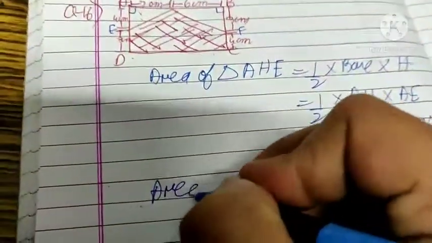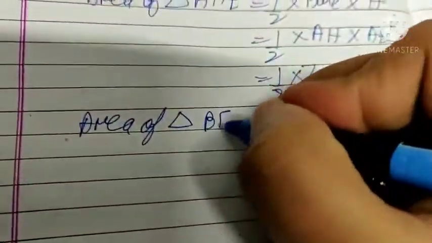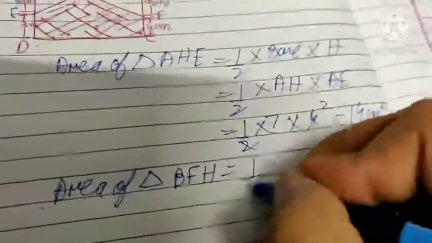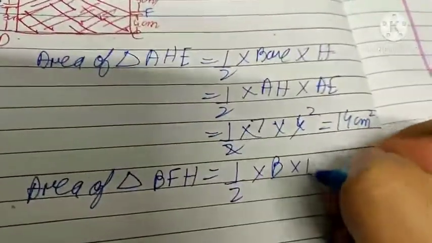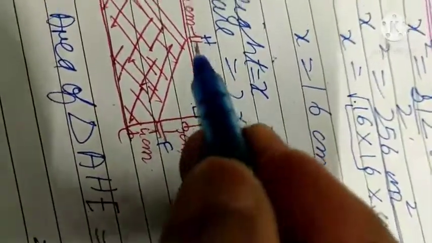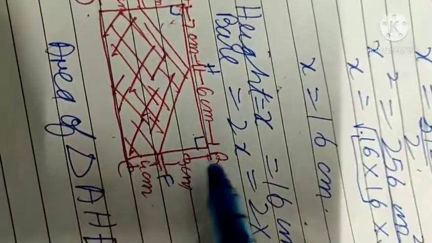Then what? Area of triangle BFH. It is also half base into height. If you see the figure this way, okay, then this will be the base and this will be the height. Base into height.